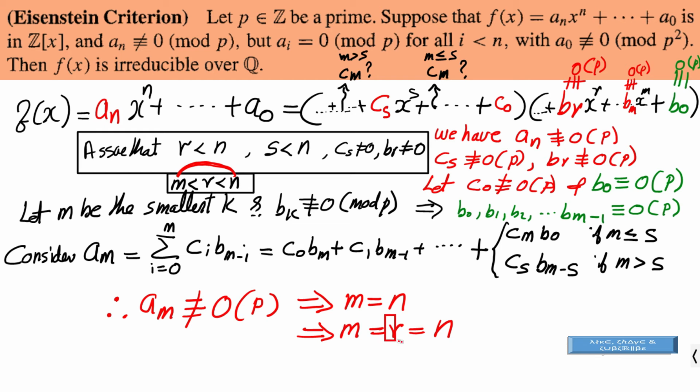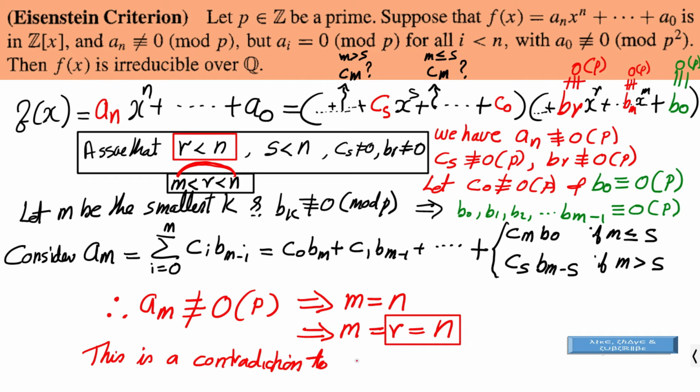Now what is r? r is the degree of one of the polynomials, and our assumption that r is strictly less than n, but we now have r equal to n, and this is a contradiction to our assumption that r is less than n. So we write it as this is a contradiction to our assumption, and hence we must have f(x) an irreducible polynomial over Q.